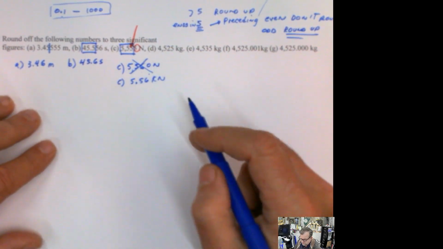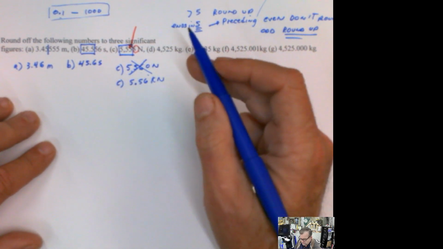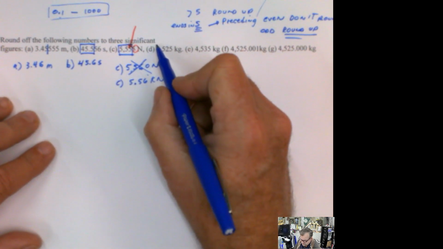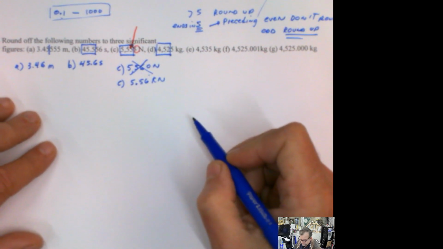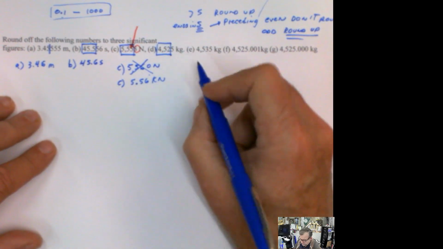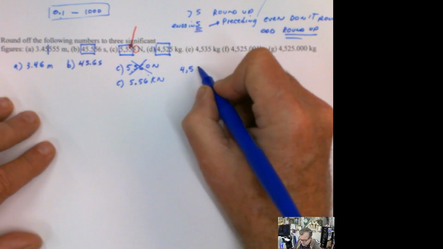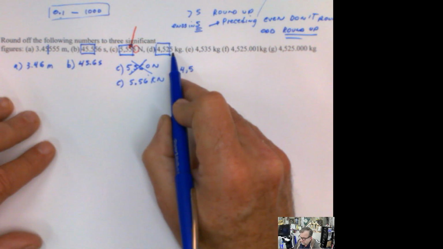Now let's check letter D. We have to do it up to three significant figures, same thing. We box the significant figures that we need, and now we have 4,500, and we go here. The number ends in 5.